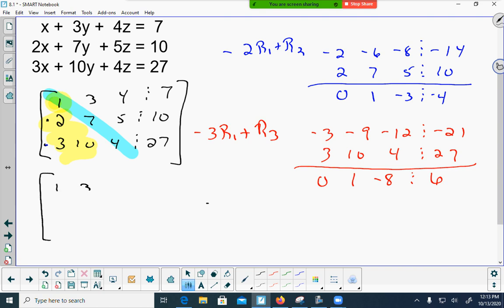So my first row, I'm leaving alone. My second row, I'm going to replace with this. And my third row, I'm replacing with this. Everyone good?